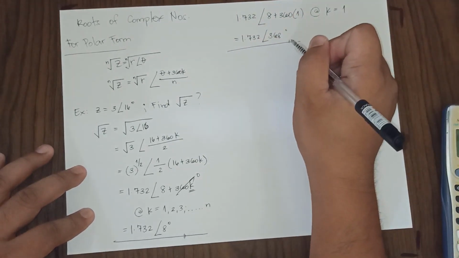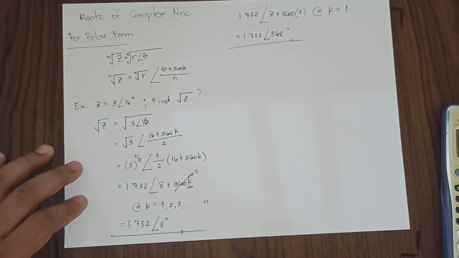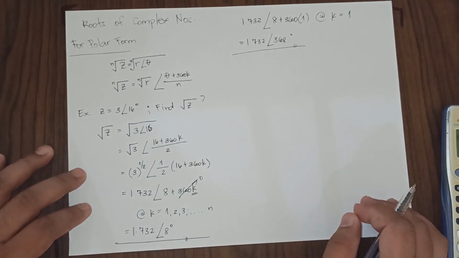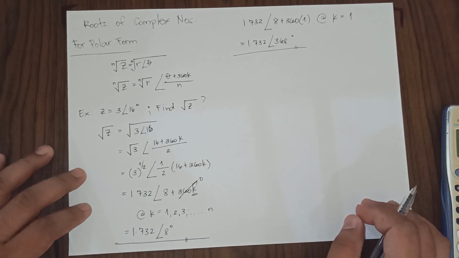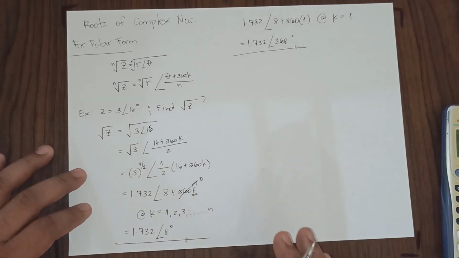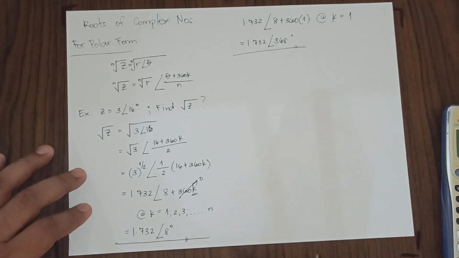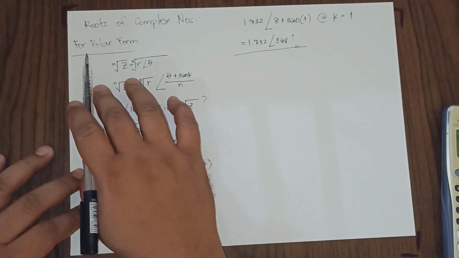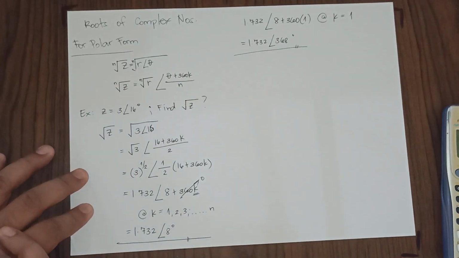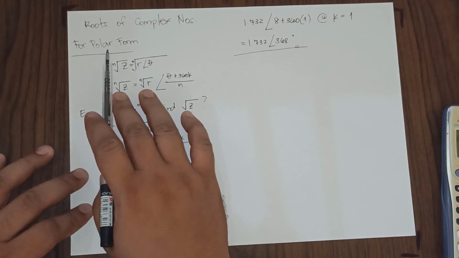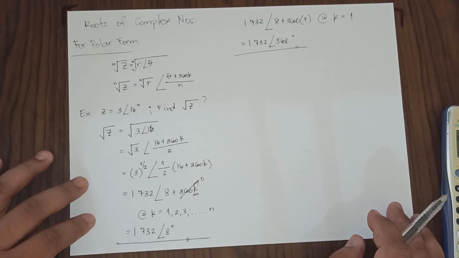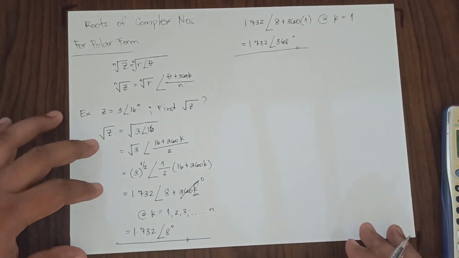Yan yung kanyang magiging sagot. Mamaya, i-discuss ko sa inyo yung roots of complex numbers from k equals 0 to 5 or so on. Pero ngayon, solve lang muna natin yung different process or formula in terms of polar form, trigonometric form, and exponential form. So, yan yung ating polar form. Proceed tayo sa trigonometric form.